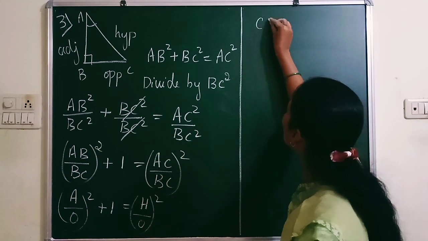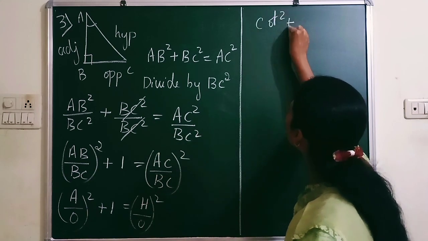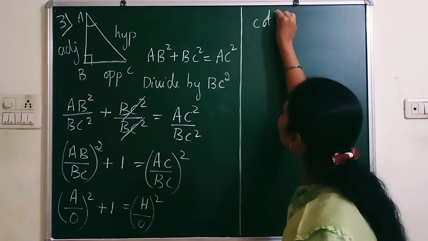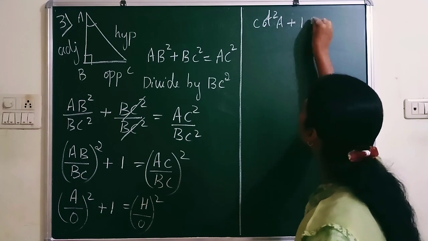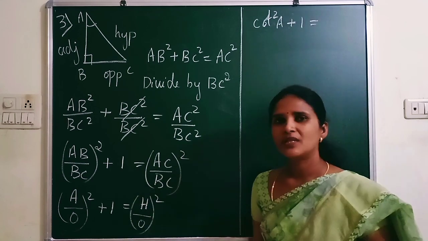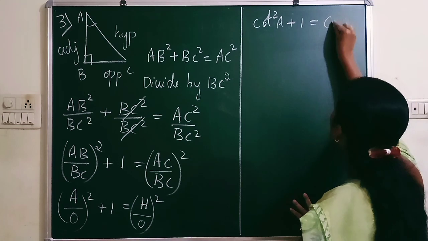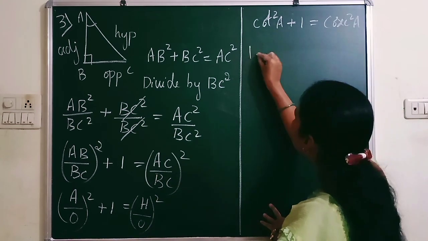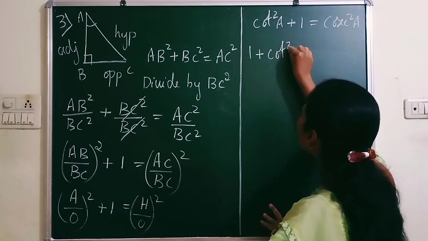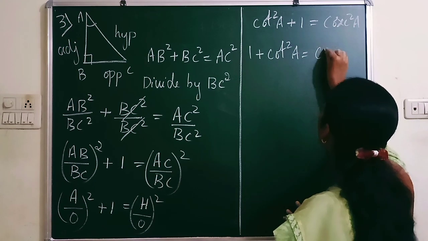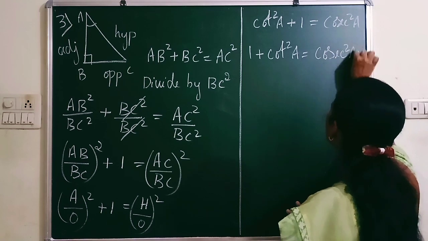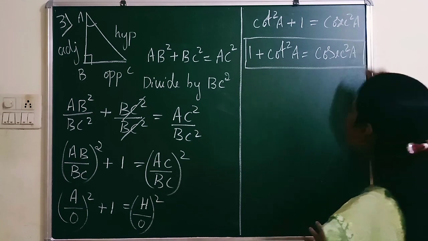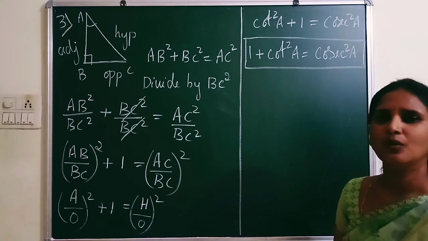So you can write cot square A plus 1 equals hypotenuse by opposite, which is cosec, so cosec square A. You can rewrite this as 1 plus cot square A equals cosec square A. So this is the third identity.